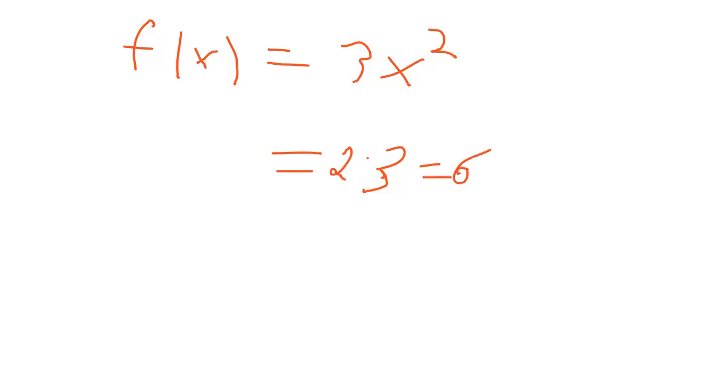And again, your x just stays the same. And then, since it's the 2 again, it's n minus 1. So for this, you would just do 2 minus 1, and so it would just be x. Hope that helps out.